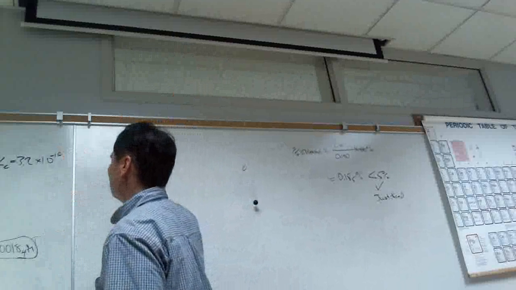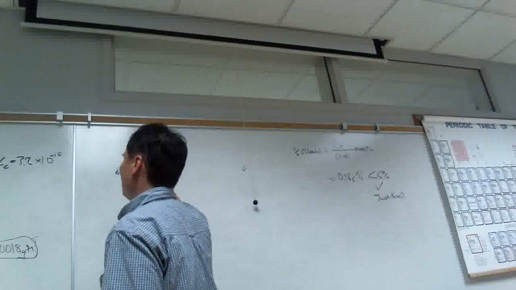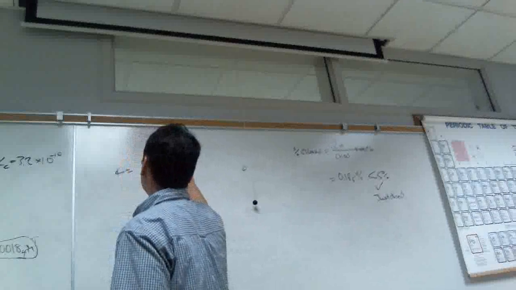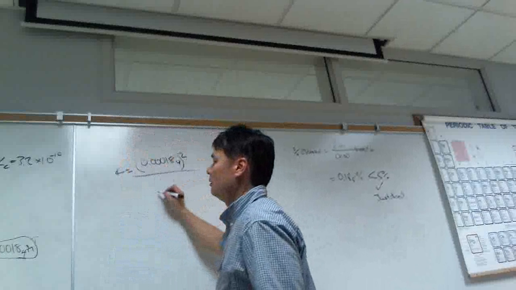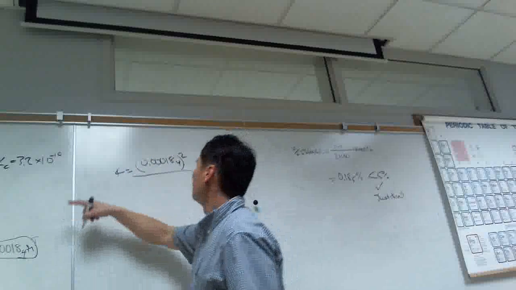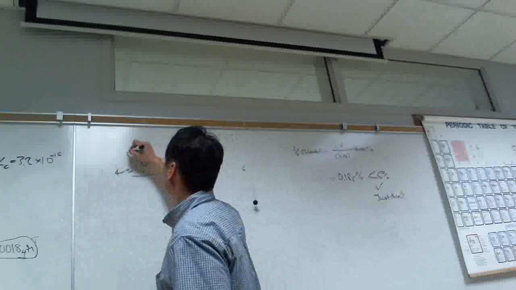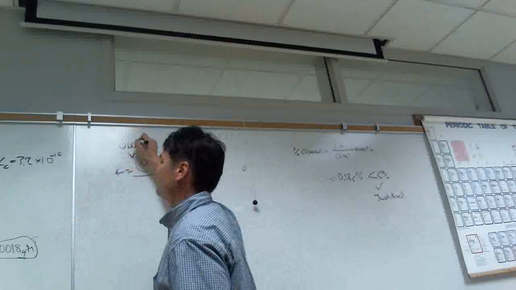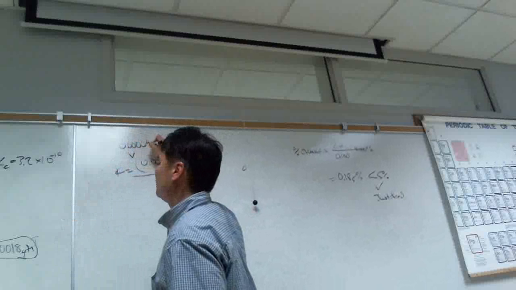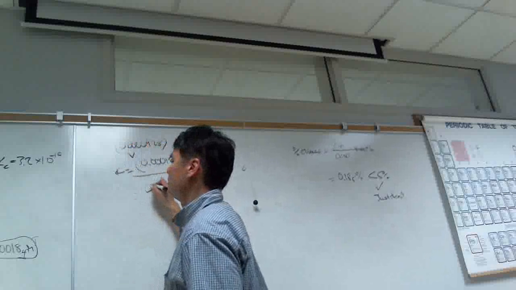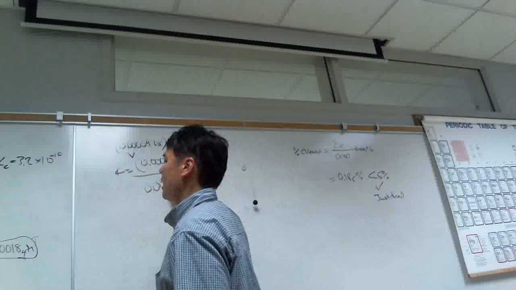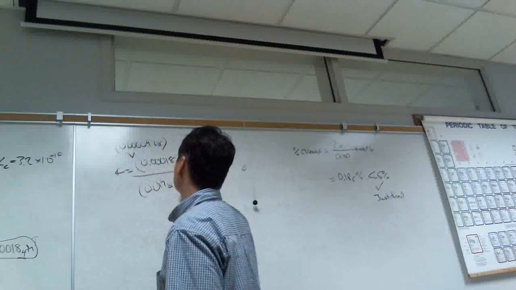And so K is going to equal 0.000184 squared, oops, times lead, sorry, lead gets in here, 0.0928, divided by 0.099816 squared.